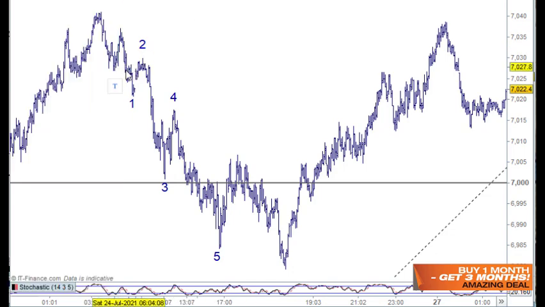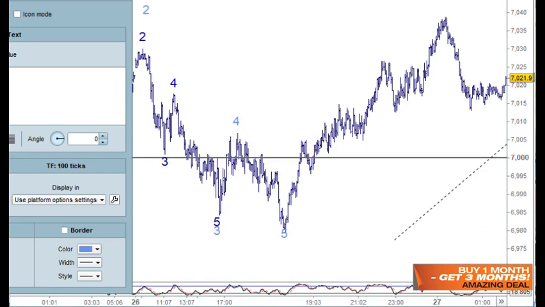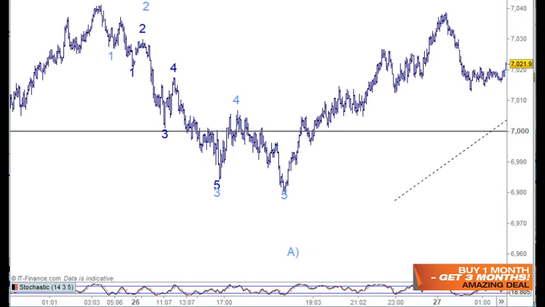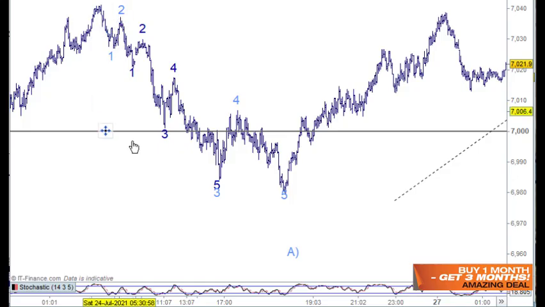And then this one here would make 1, 2, this would be 5 waves down, would be 3, 4, and 5. Get rid of that. That goes there. So that's 5 waves down at that point.